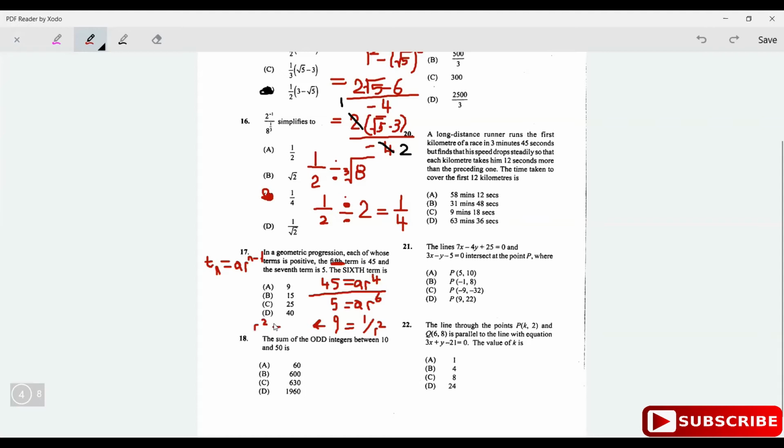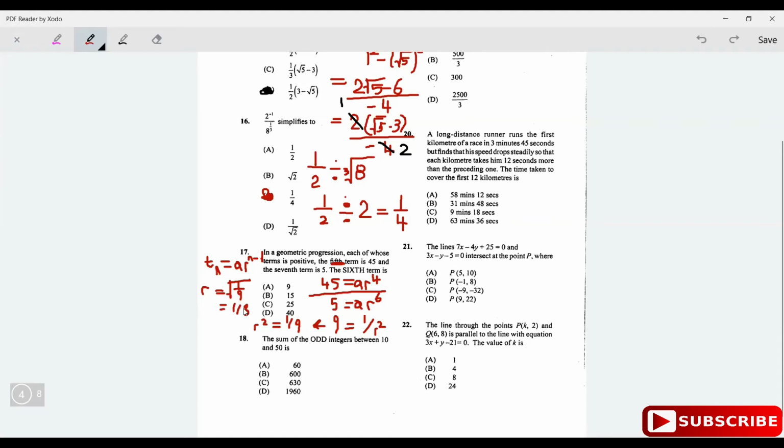If r squared is equal to 1 over 9, then r is the square root of 1 over 9, which is 1 over 3. So r is equal to 1 over 3.